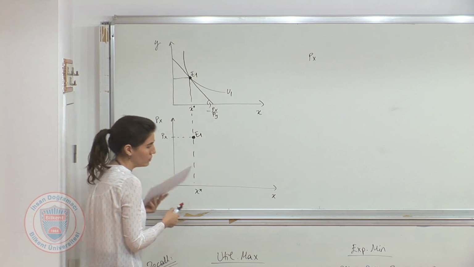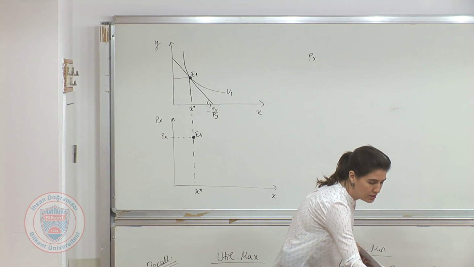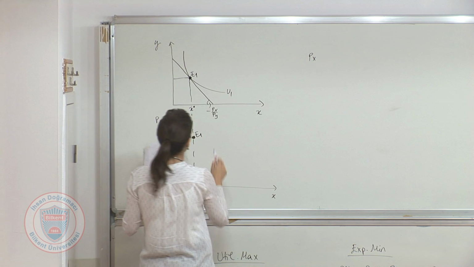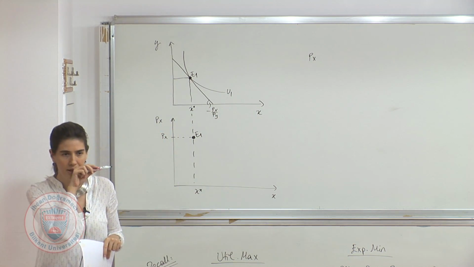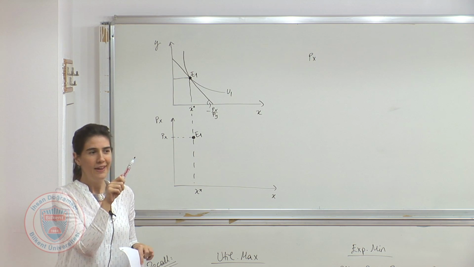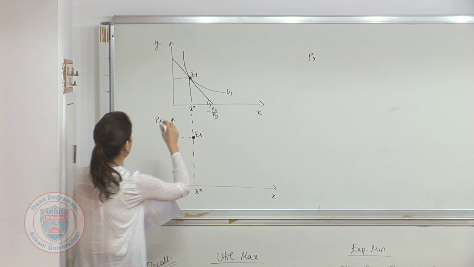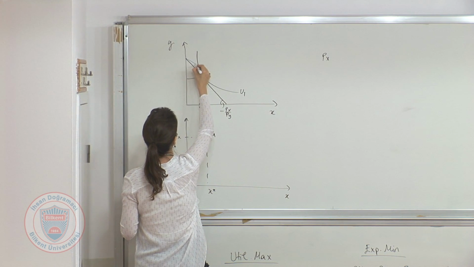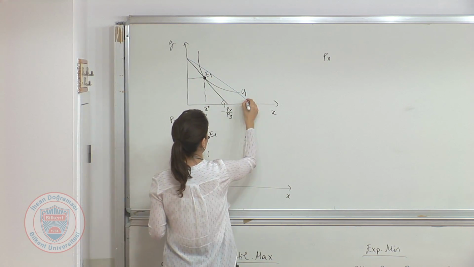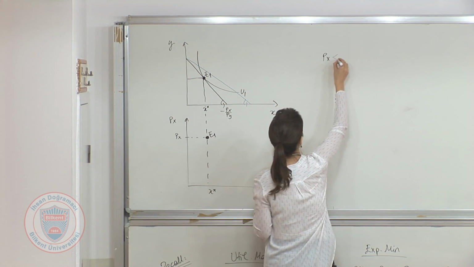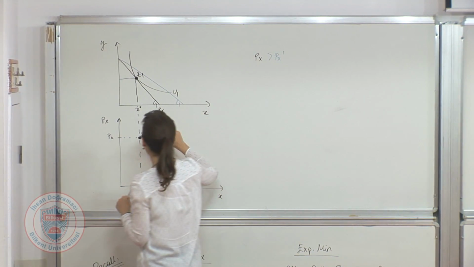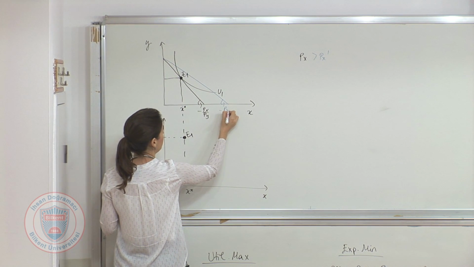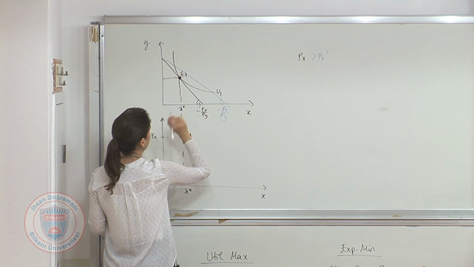Now I'm going to decrease the price. So what's going to happen? This budget line is going to rotate outwards, right? If I decrease the price, it's going to be like this. So here you say that, oh hocam, px prime is less than px. So this is minus px prime over py, okay?